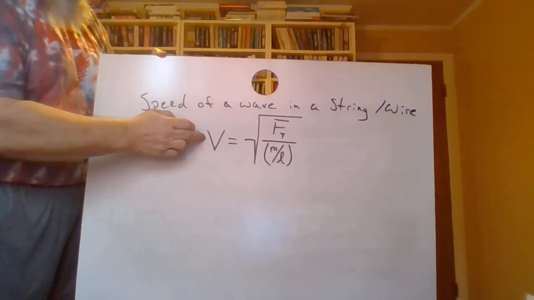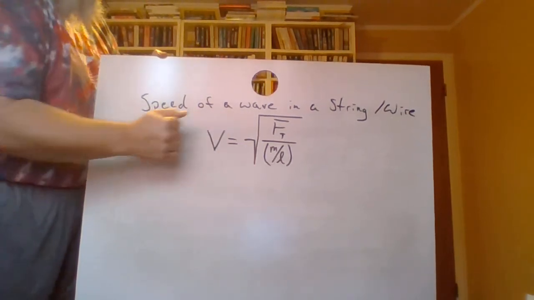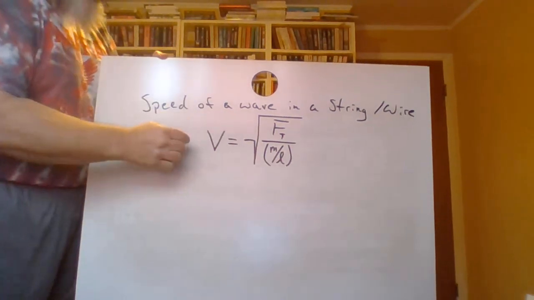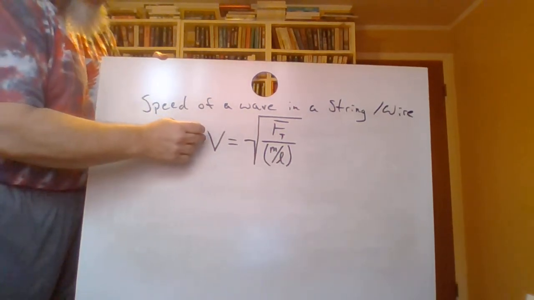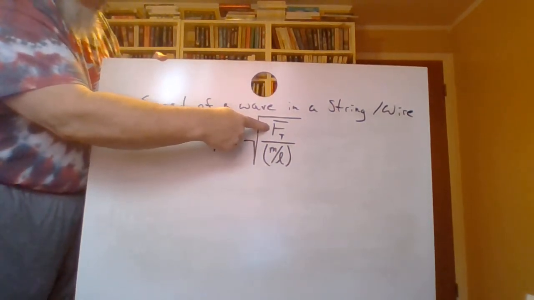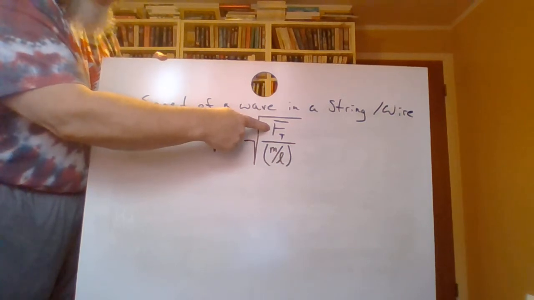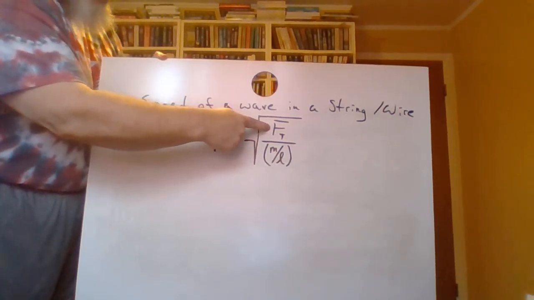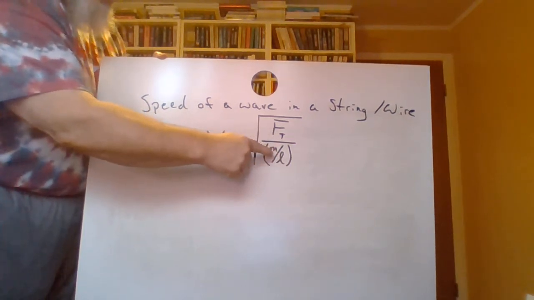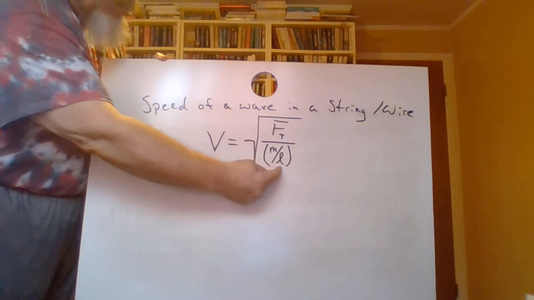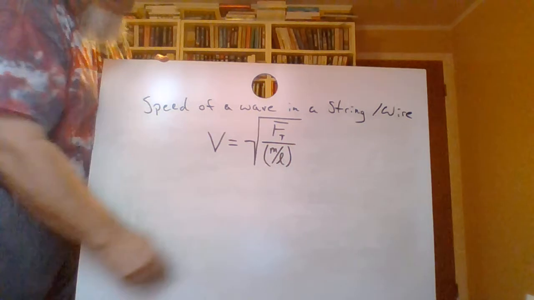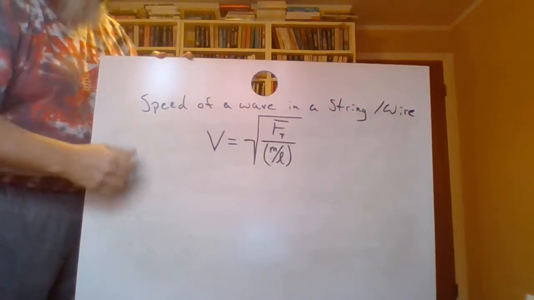The speed of the wave moving back and forth through the string itself, not out here in the air, but in the string itself, is equal to the square root of the force of the tension on the wire or string or clothesline, whatever it happens to be, divided by this linear density here, mass per unit length. Okay? And it is this length that is going to determine what the wavelength is.